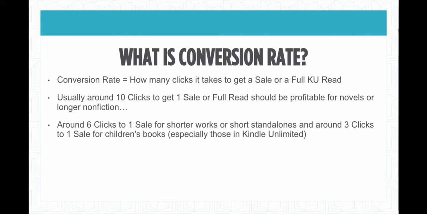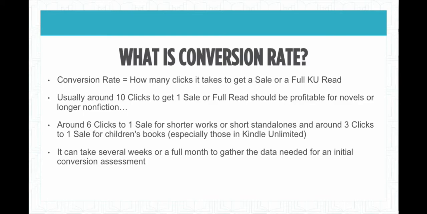And if you sell children's books and your book is in Kindle Unlimited, those are really, really tiny. And so you may need a conversion rate of around 3 to 1 for the kids' books, which is going to factor in your KU reads. Now, I recommend you get enough data here.